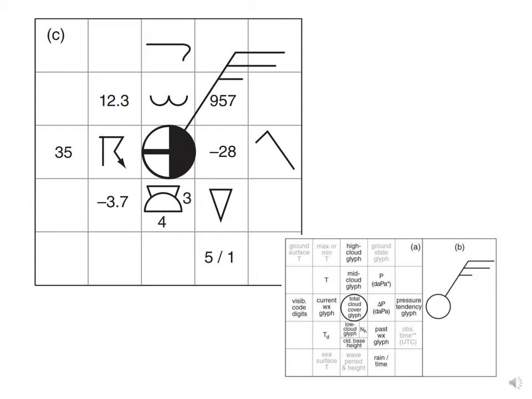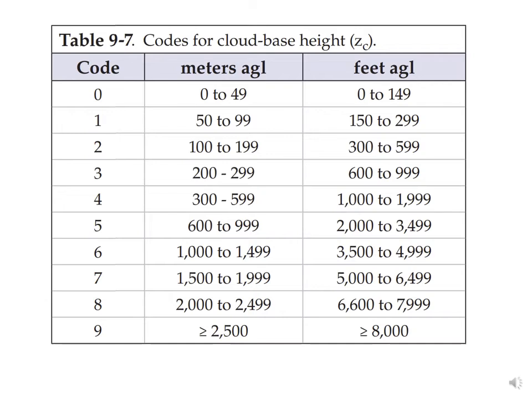And back to the cumulonimbus glyph with the 3 and the 4, you really have to have a chart to look up what the numbers 3 and 4 actually correspond to. So for the codes for the cloud base height, we had a 4 on that, so that basically means that the cloud base height is between 1,000 and 2,000 feet AGL.